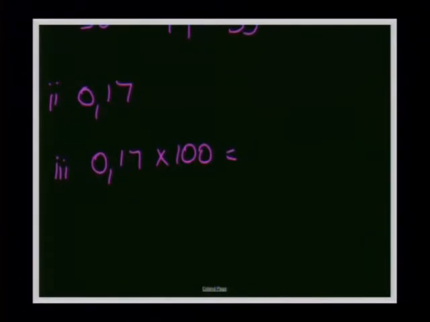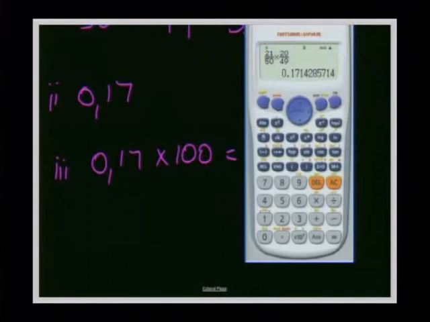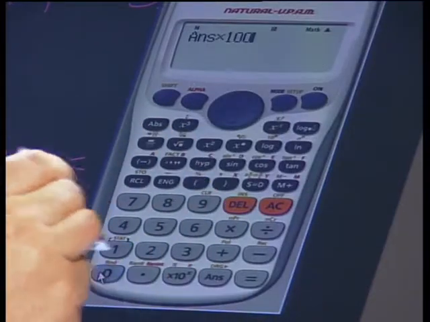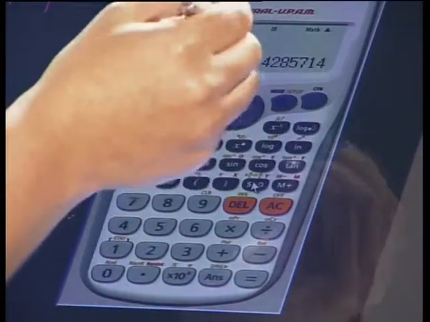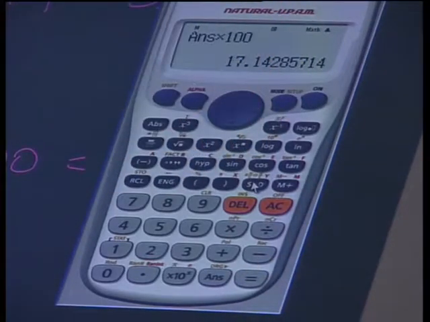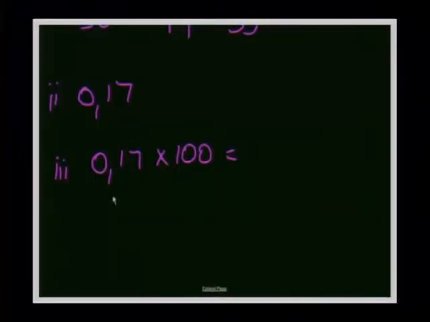And this is what's nice about your calculators being able to keep all these decimal places. We have rounded it off in our notebook, but on the calculator, I want you to keep that number for as long as possible, because all I'm going to do is times by 100, and I'm going to get an answer of 17.14%. Always round to 2 decimal places unless they tell you otherwise. So my probability here was 17.14%.